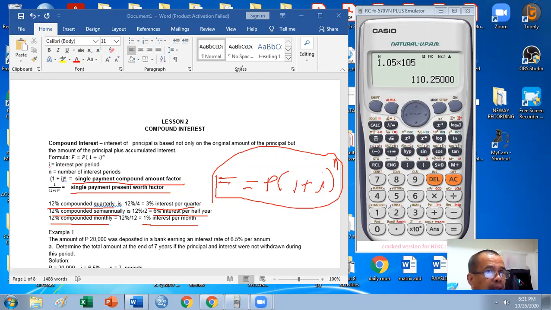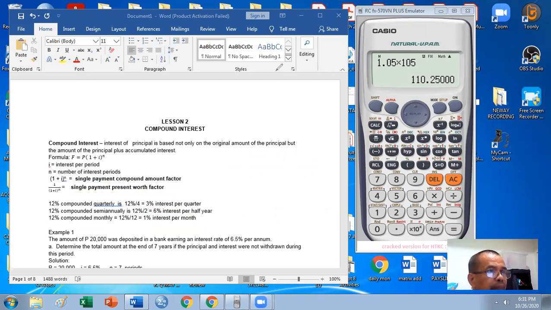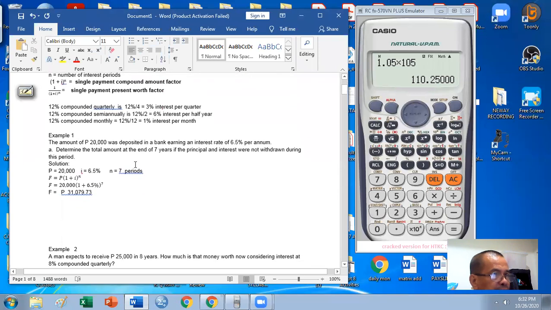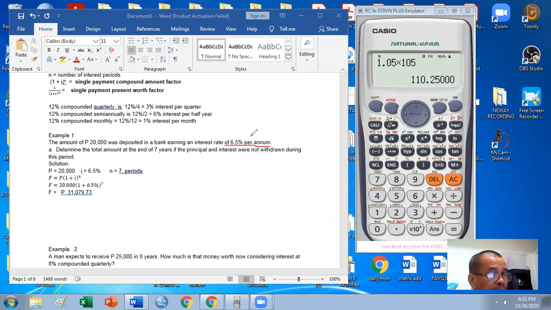Now look at the next example. The amount of 20,000 was deposited in a bank earning an interest of 6.5% per annum. So ang interest natin is per annum. Yun ang interest period.